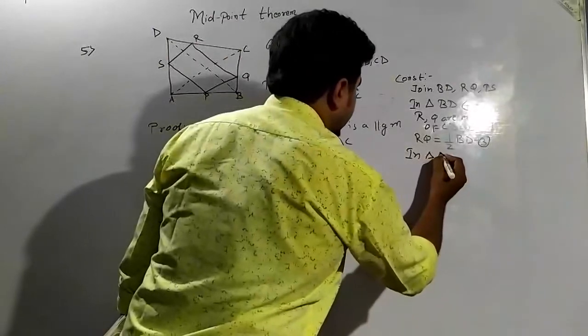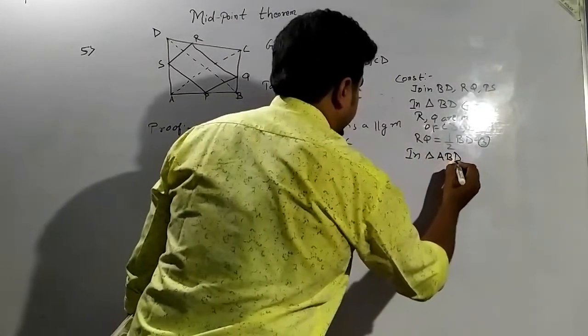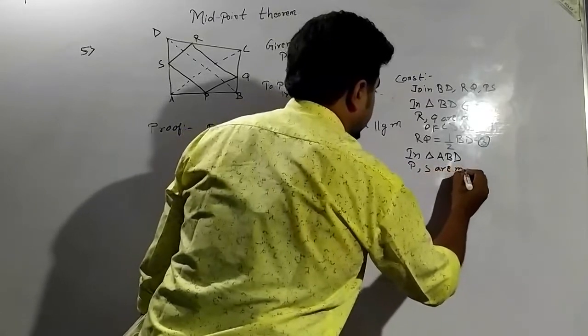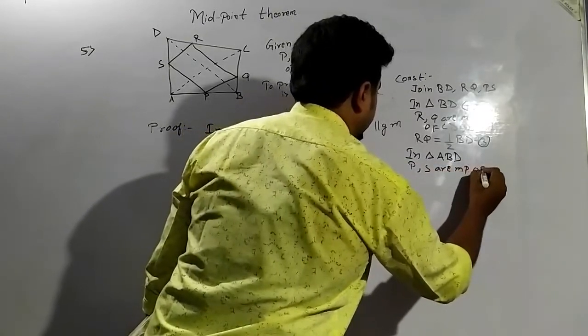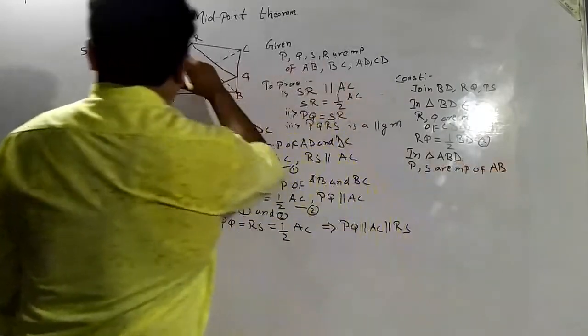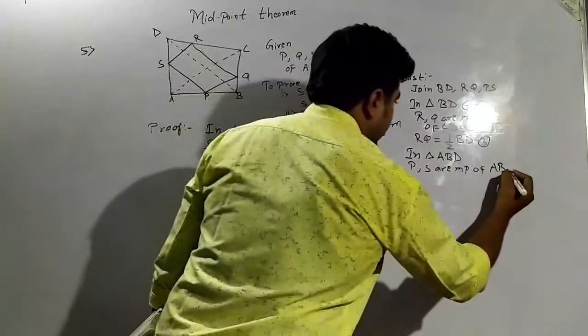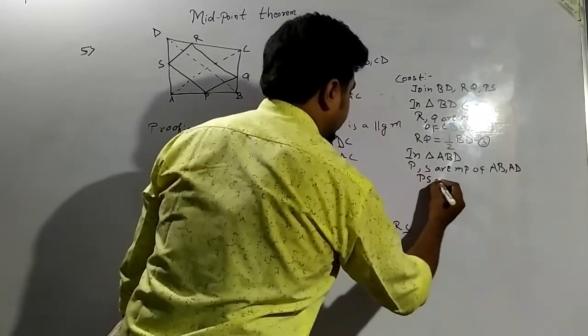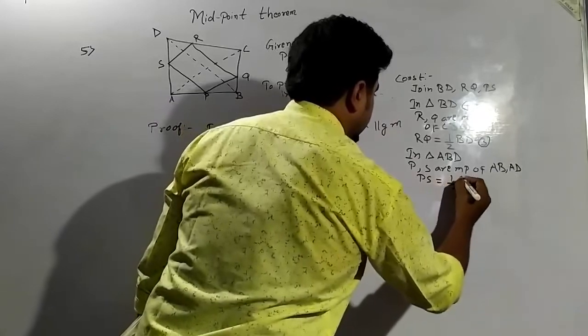In triangle ABD, P, S are midpoints: P is the midpoint of AB and S is the midpoint of AD. Then we are getting PS will be half of BD.